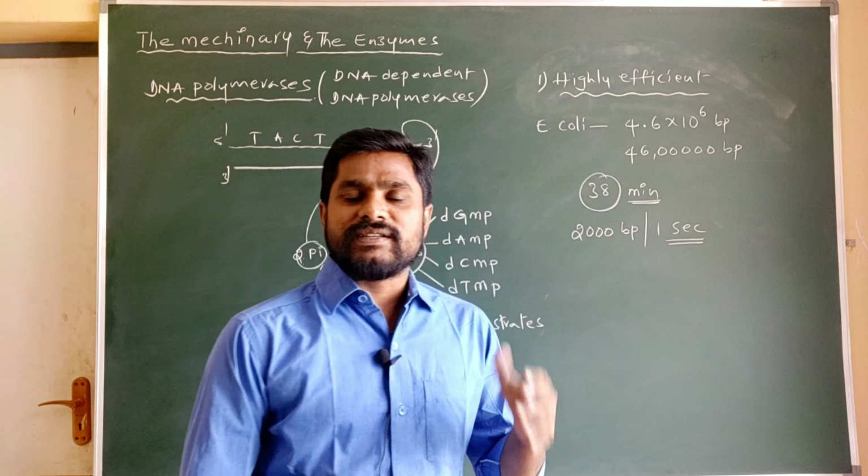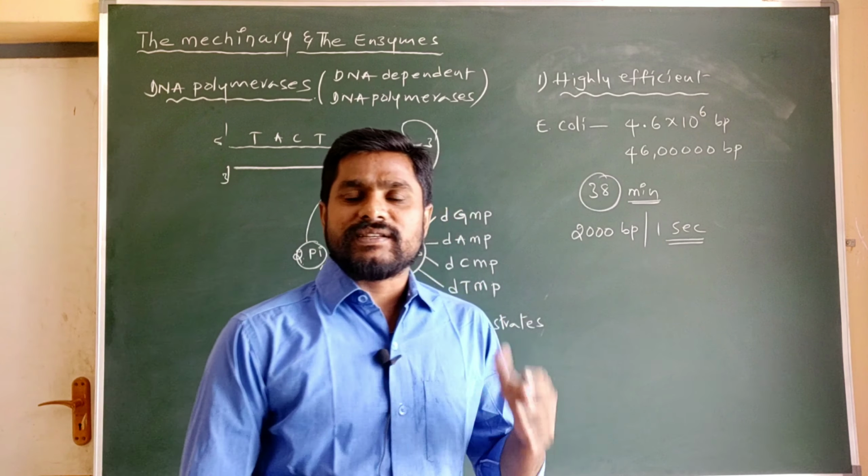And one more function is that it is involved in recombinations in prokaryotic cells. And the next activity of DNA pol 1 is 3' to 5' exonuclease activity.